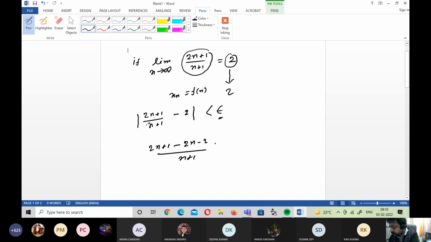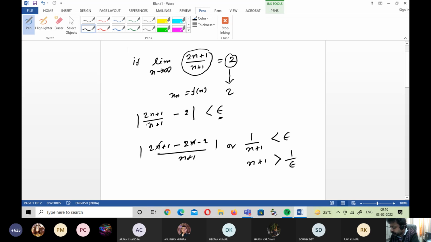When you take the absolute value, the 2n and 2n cancel. So 1 by n plus 1 is less than epsilon. So you can consider that n plus 1 is greater than 1 by epsilon.